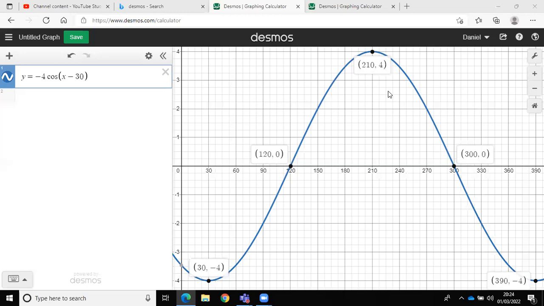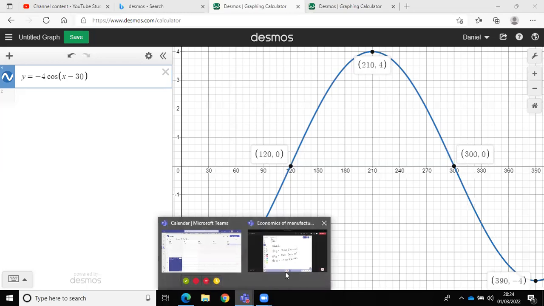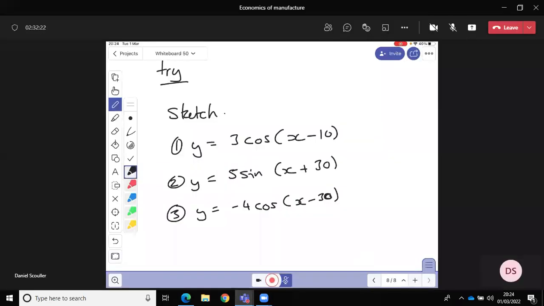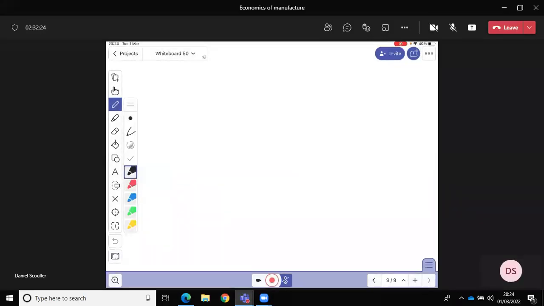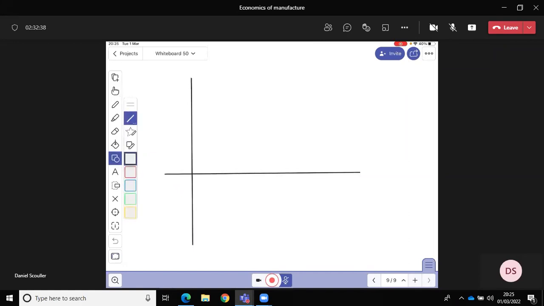So let's have a wee look at what I mean. The question could give you something along the lines of a graph. I'll make it nice and simple.